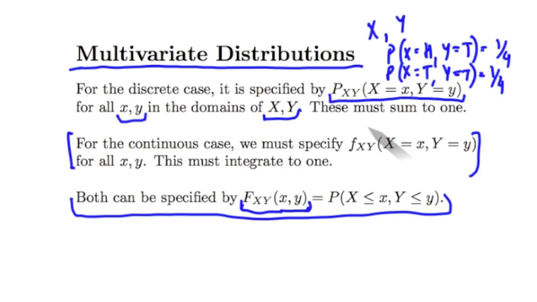The only way to interpret this is that when I integrate f_XY over some domain, I get the probability that (x, y) will lie in that domain. When I draw a random sample (x, y), the probability that it lies in that domain is given exactly by the integral over that domain of f_XY.